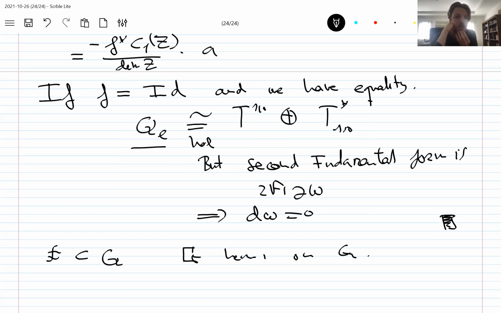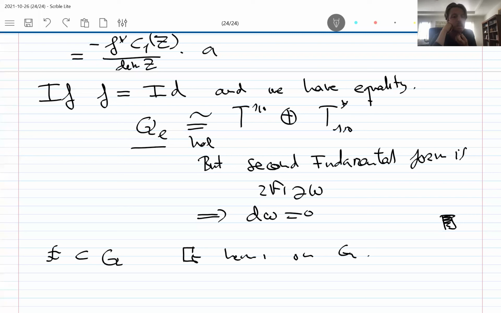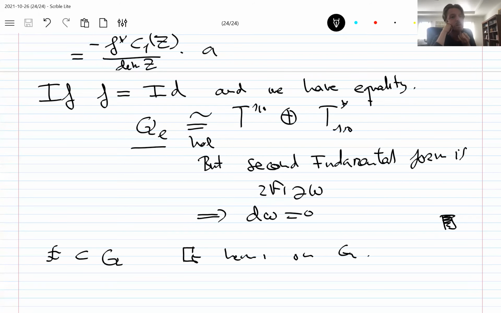It is the holomorphic cotangent bundle, sitting inside Q. Okay, I see.